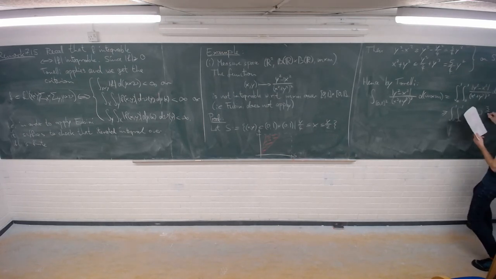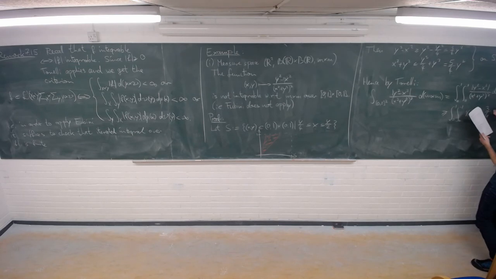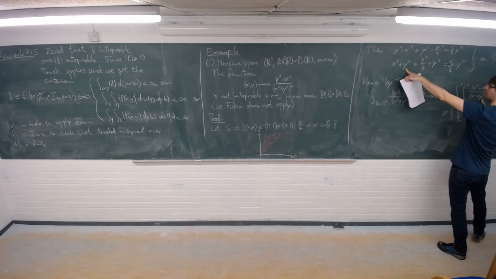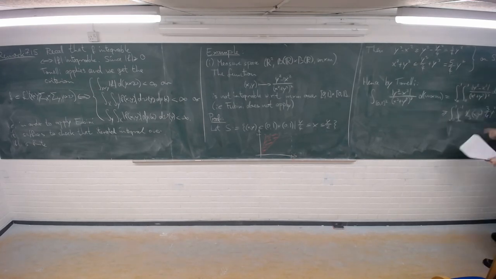3/4 y squared times the inverse of the square of x squared plus y squared, so 5/4 y squared to the power minus 2, dm of x dm of y.